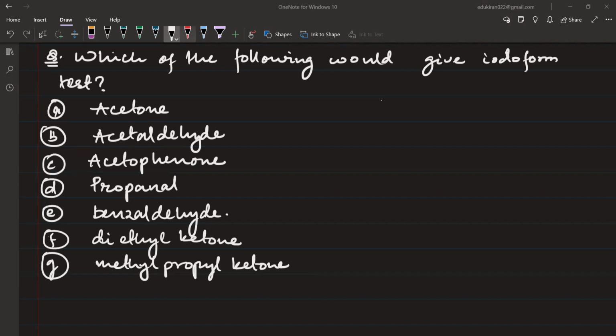Yes. Okay, what about acetaldehyde? Will acetaldehyde give the iodoform test? Yes or no? Hanifa, tell me. I think it will. Yes or no? Yes. Okay. Nawal, what do you think? And Rifat?